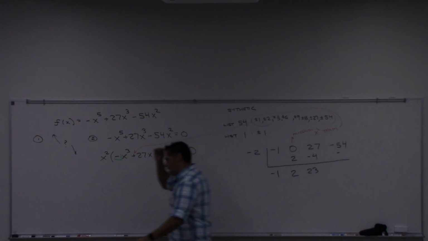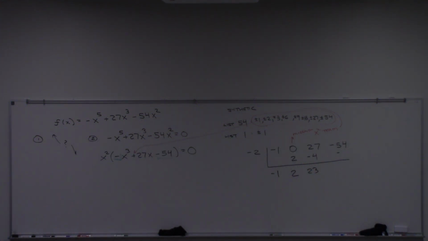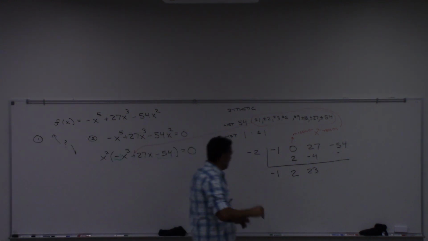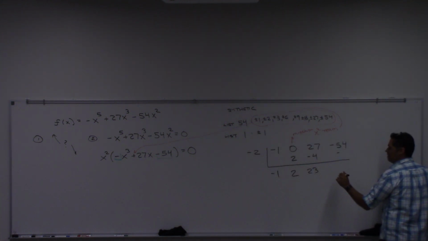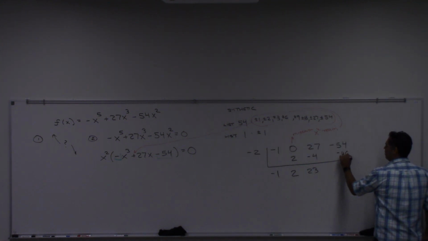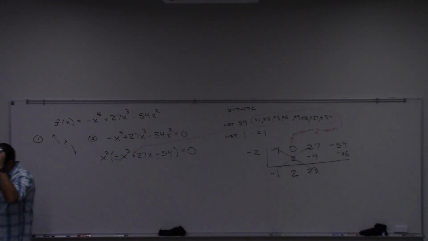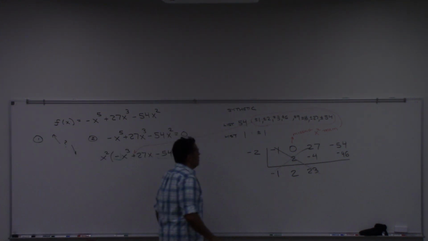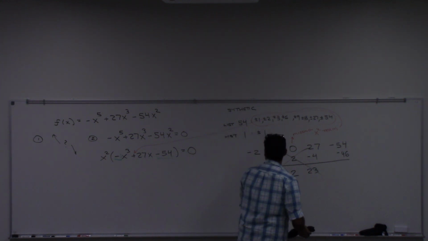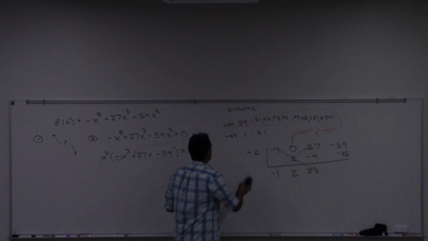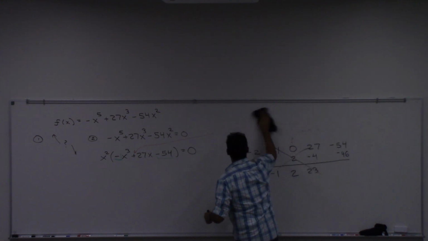Did I look at the right thing? I'm sorry, I think I looked at the wrong thing. Okay, well that shows you that -2 doesn't work. What did this come out to be? 46? Okay, it doesn't work. So 1 doesn't work, -1 doesn't work, 2 doesn't work, -2 doesn't work, 3 does. Sorry, I was just looking at the wrong thing. So let me do 3. I'll just put it up here. Try 3.